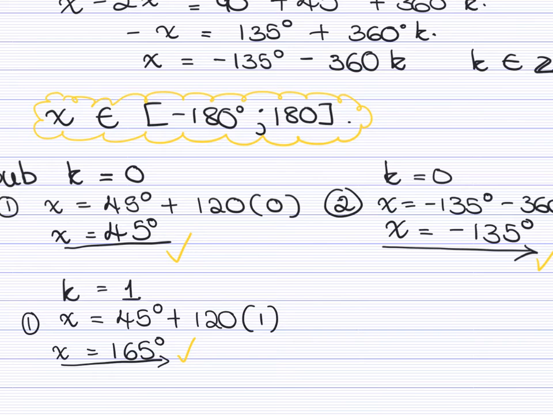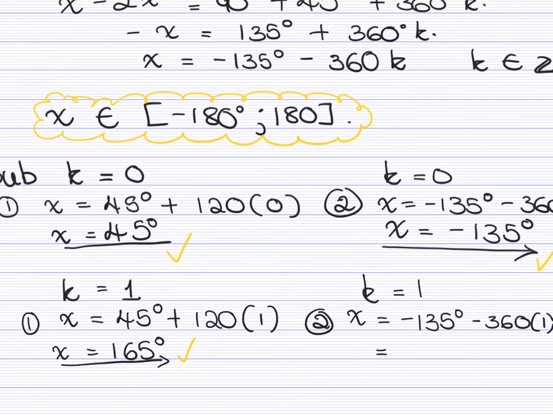Let's test in the second equation. k is equal to 1 in the second equation. x is equal to −135° − 360 multiplied by 1. So when I do that, what do I see?